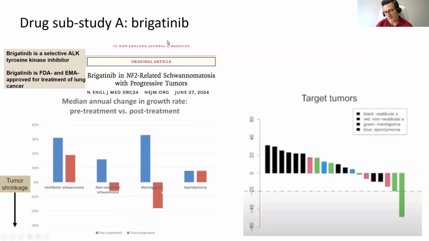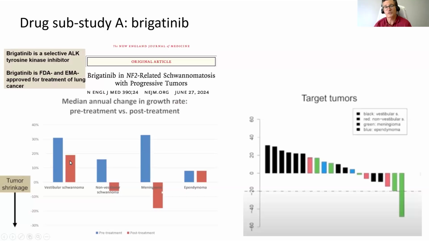In this trial, the first drug was brigatinib, and the paper came out 2 months ago, a paper from MGH showing that it's a very interesting drug, but mostly for meningioma and non-vestibular schwannoma. You see, the growth of vestibular schwannoma was decreased.